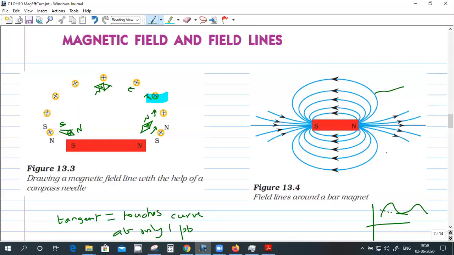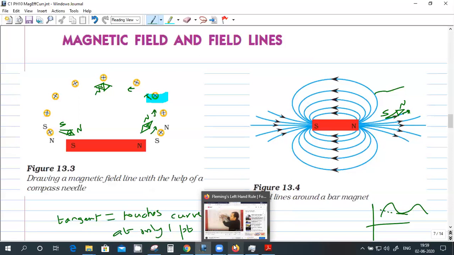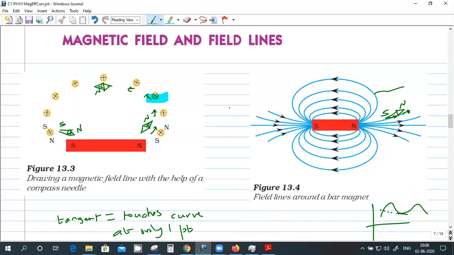So if you place a bar magnet here, the north pole will be here and this will be the south pole. So this is the arrow mark. Another thing is that the strength of the magnetic force will keep on decreasing as you go far away, because nearby it will be closer to the magnet.